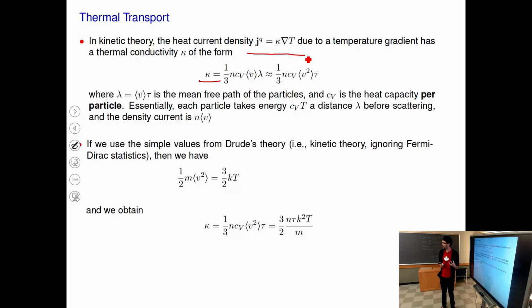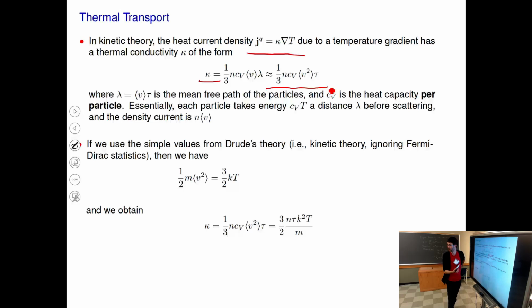Q is thermal current, not electrical current, and it's proportional to the temperature gradient, and the proportionality coefficient is this kappa. So this is an analog of resistivity, but for heat. Okay? And there is an intimate relation between the two phenomena because it's carried by the same particles. But without going too deep into this, the formula for this heat conductivity is also pretty similar to electrical resistivity.